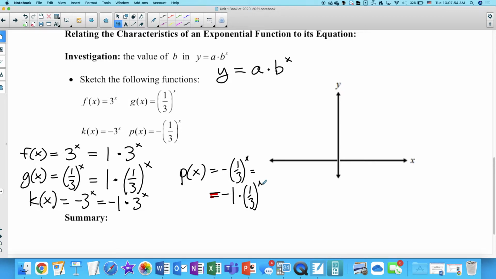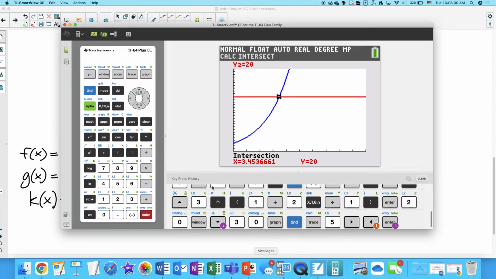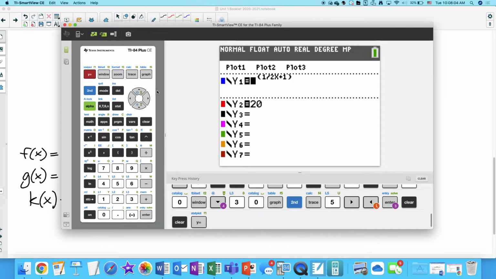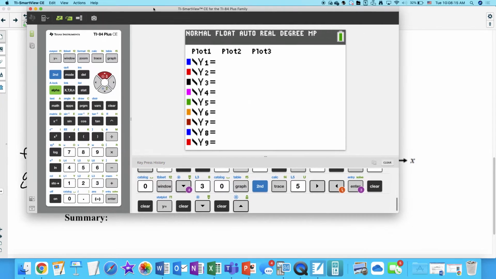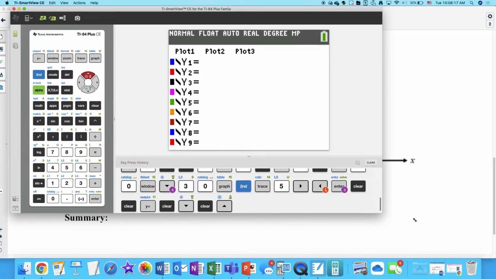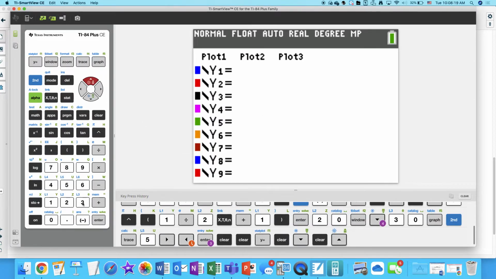Okay. So let's go ahead and graph these using technology. I'm just going to use one calculator for today because I think that the people with the Casio are pretty comfortable just graphing basic functions. And most of you have TI, so I'm just going to use this. The first one was 3 to the power x.